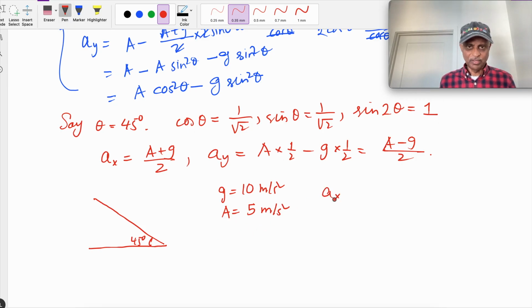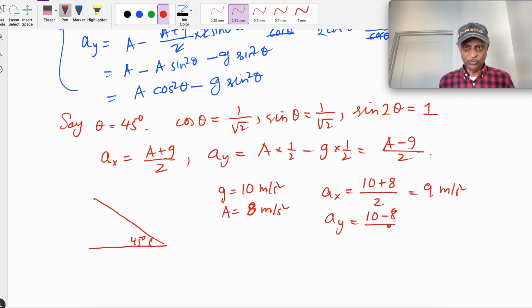So maybe let's call it 8 meter per second square. So the x will be 10 plus 8 over 2, which is going to be 9 meter per second square. And ay will be 10 minus 8 over 2. It could be 1 meter per second square.